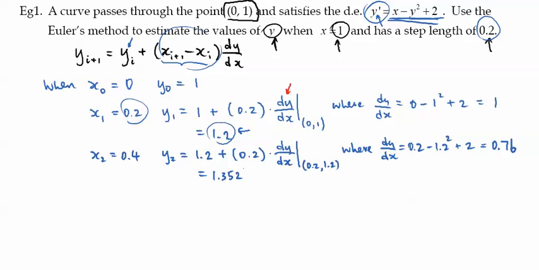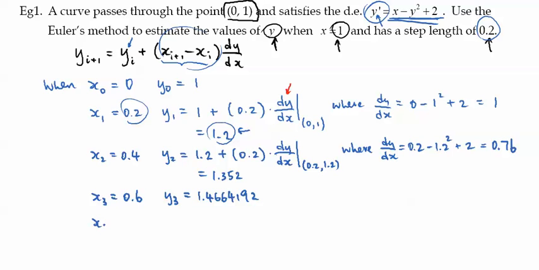So that's the y value for step number 2. As you continue to repeat the same procedure, you can now calculate the y value for step number 3. I'm not going to show you the steps anymore because the rest of it will be the same.